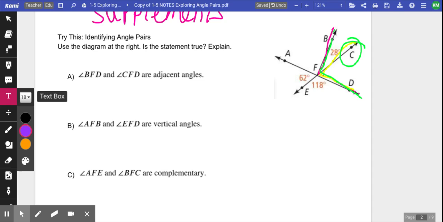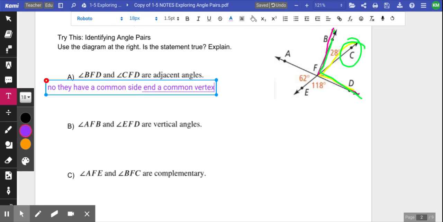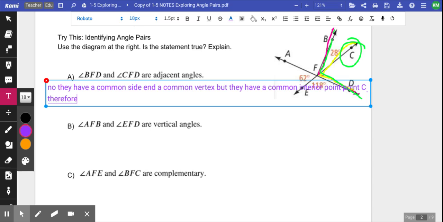So let's right here have an explanation. No, they have a common side and a common vertex, but they have a common interior point, point C. Therefore, they are not adjacent.